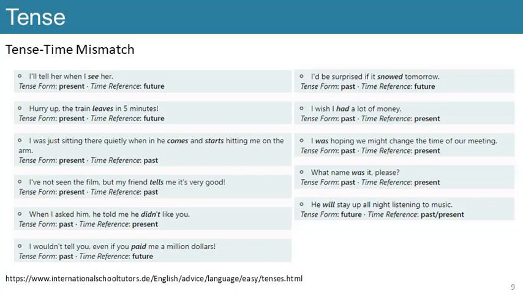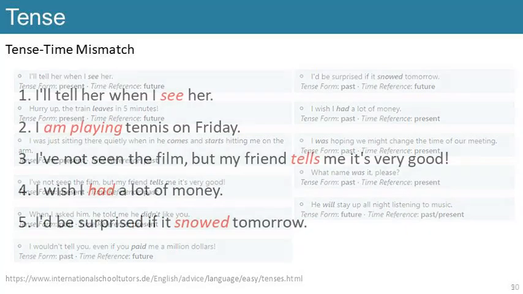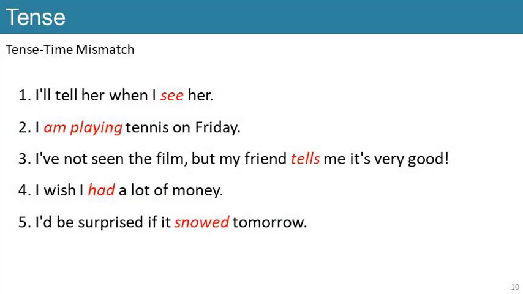Here are some examples of this mismatch. In the first two sentences, the present tense verb refers to future time. In the third sentence, the present tense refers to past time. In the fourth sentence, the past tense refers to present time, and in the fifth sentence, the past tense refers to the future.